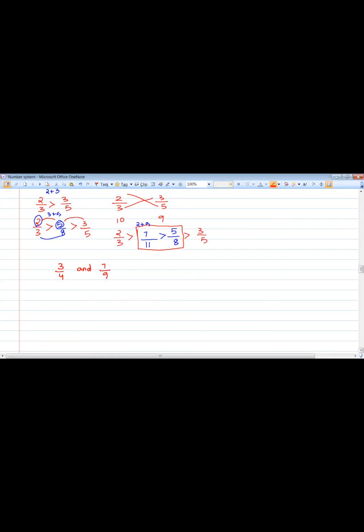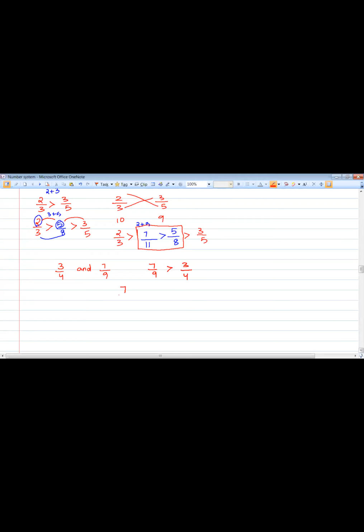3 by 4 is greater. Yes, 3 by 4 is... no, 7 by 9 is greater. Because here if you multiply, 27 will be there, if you multiply, 28 will be there. 7 by 9 is greater than 3 by 4.